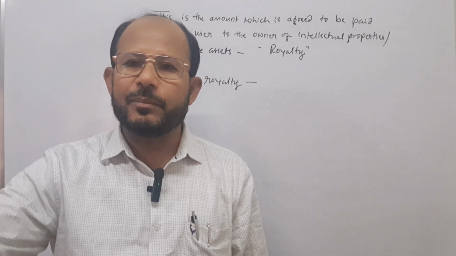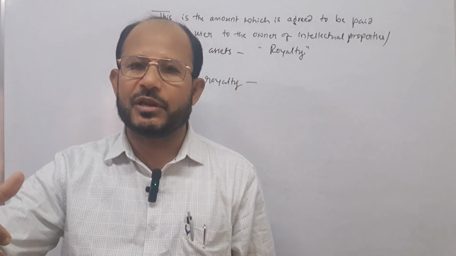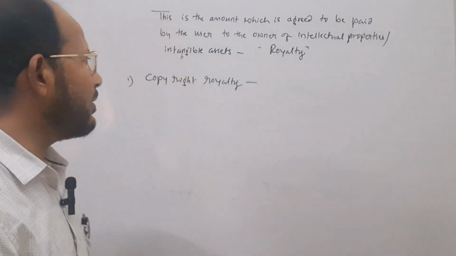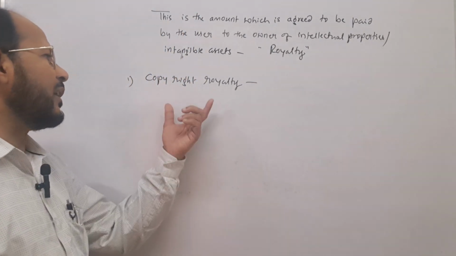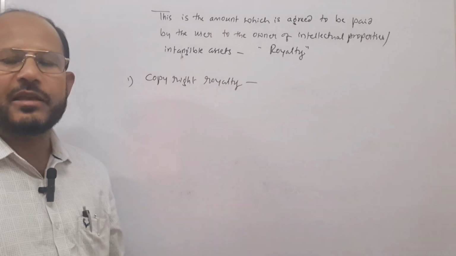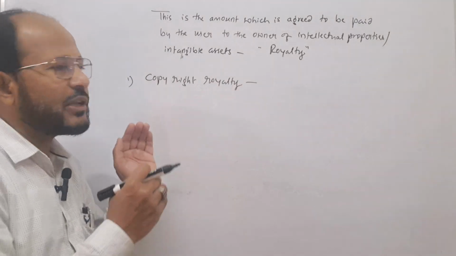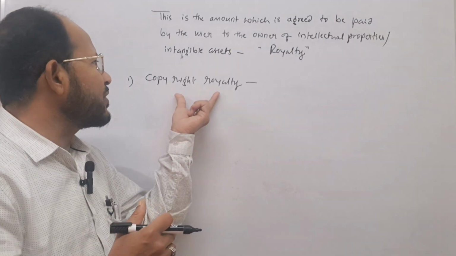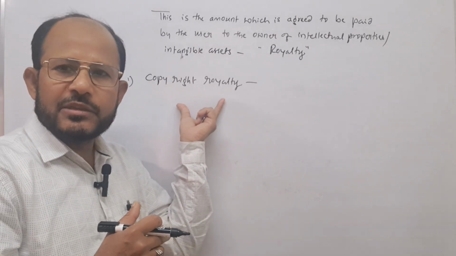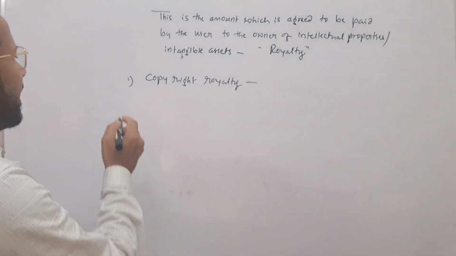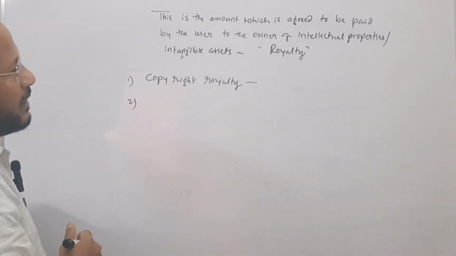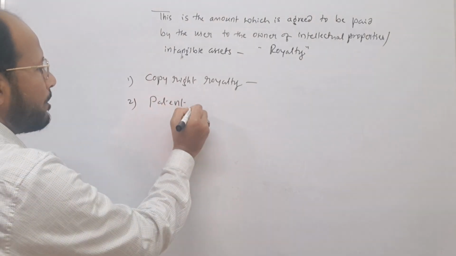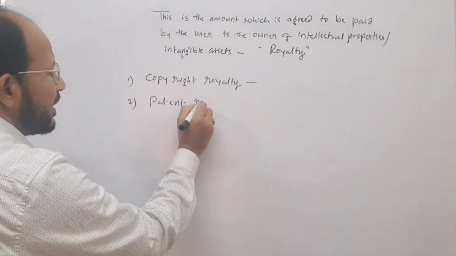That is why other publishers, without the permission of the author, can't publish that book. That is why whatever money he gets as a consideration for giving such right to the publisher is called copyright royalty. Next, I will take up the other type of royalty, that is called patent royalty.